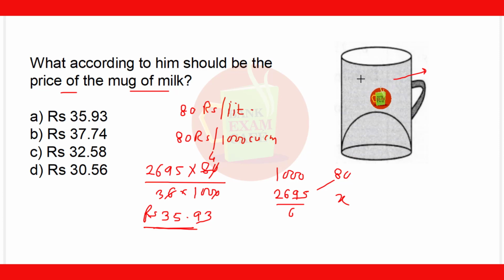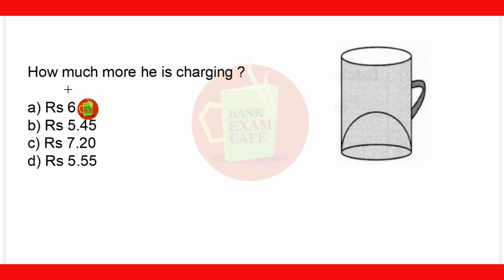So the actual price of the mug of milk should be rupees 35.93. Now the next question is on the screen, how much more is he charging, that you have to calculate. What is he charging? Actually 43 rupees 13 paise. 43 rupees and 13 paise he is charging for this milk.